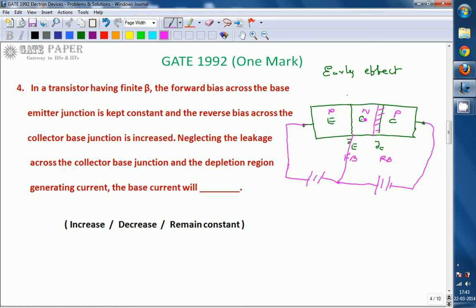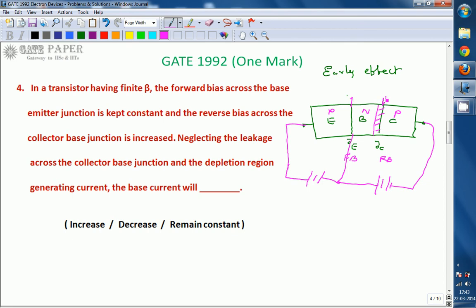Now let us check whether the base width reduces or not. We know that the potential barrier doesn't contain any mobile charge carriers. It won't contain any electrons or holes. It only contains ions. Before application of the active region, the base width is of this much size.